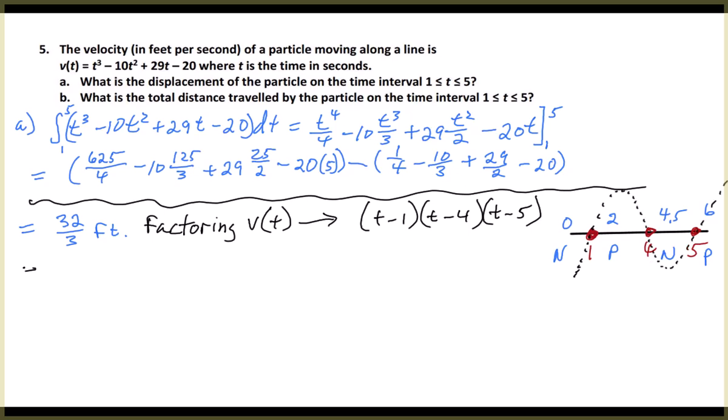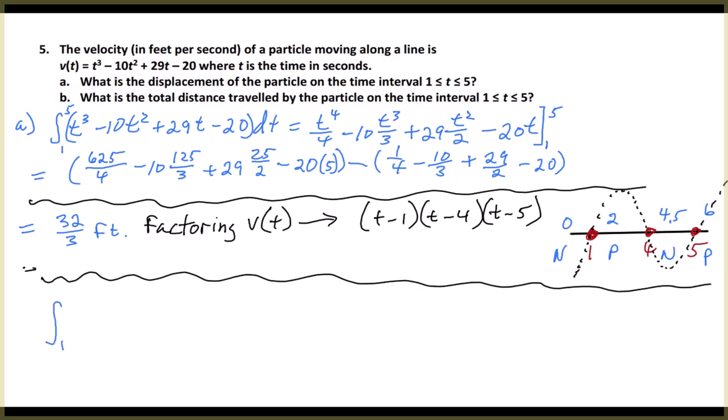So I could just quick sketch my little curve there. So what would I do? I could split this into 2 parts, integrate from 1 to 4, and then integrate from 4 to 5, realizing that that's going to be a negative value. So I do this. That's from 1 to 4.